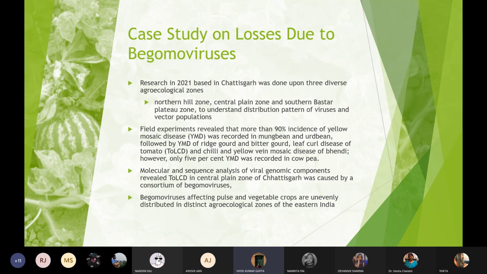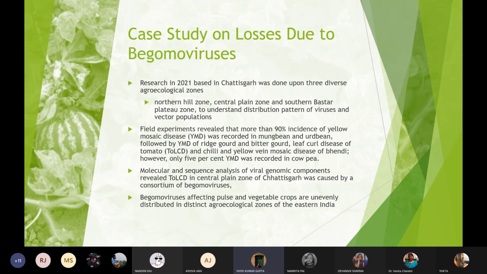The molecular and sequence analysis of viral genomic components revealed that the leaf curl disease of tomato in the central plain zone of Chhattisgarh was caused by a consortium of Begomoviruses, including the tomato leaf curl New Delhi virus, the tomato leaf curl Karnataka virus, and the tomato leaf curl Kerala virus. The yellow mosaic disease of mung bean, cowpeas, and soybeans was caused by mung bean yellow mosaic India virus, while yellow mosaic disease of ridge gourd was caused by the tomato leaf curl New Delhi virus.